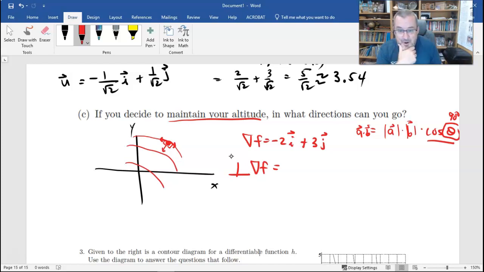So if I want to make sure that I'm perpendicular to my gradient, thus staying on the level curve, I would want the dot product to be 0. Now, dot product, remember, is this thing where we take this times this, plus this times this, and you want it to be 0. So here's a quick way to do it. Ready?